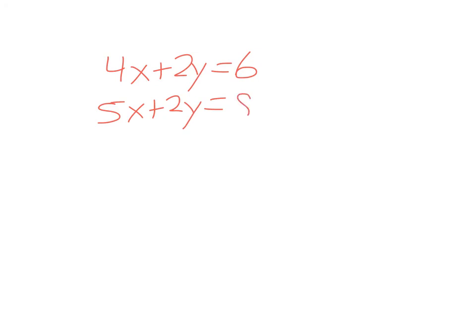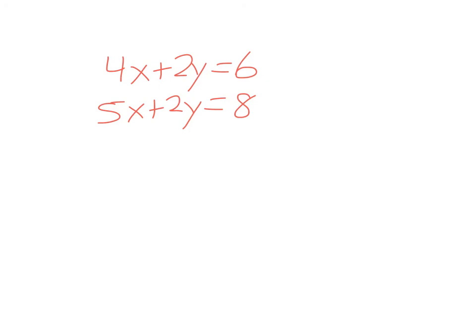Now, here's an interesting question for you. 4x plus 2y equals 6, and 5x plus 2y equals 8. If you were to do this problem, you would start by adding the two equations together.